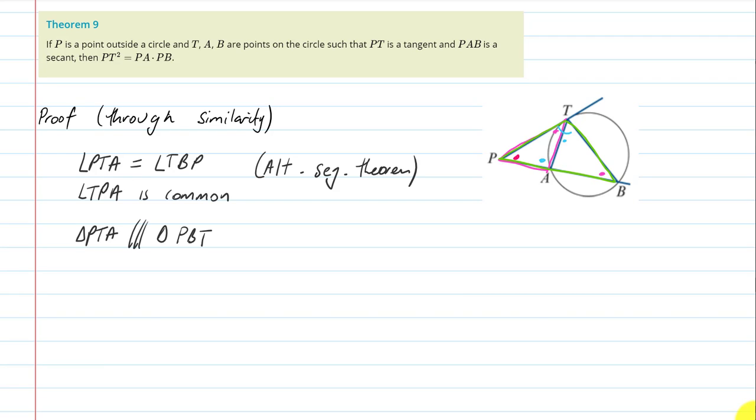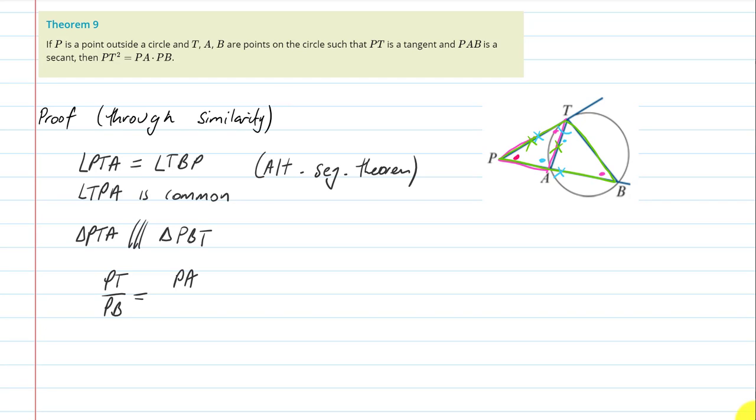PBT. And from that, we can make the statement, keeping in mind our similar sides, that PT over PB, so that's the one adjacent to the pink and the red, is equal to, let me write that down, PA, which is now this side in our smaller triangle, over PT, which is the long side in our smaller triangle.